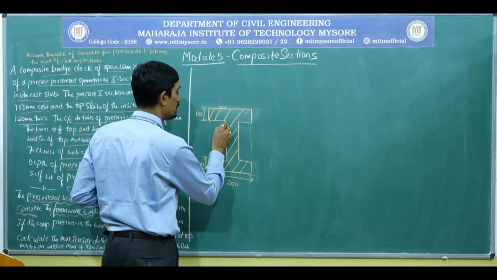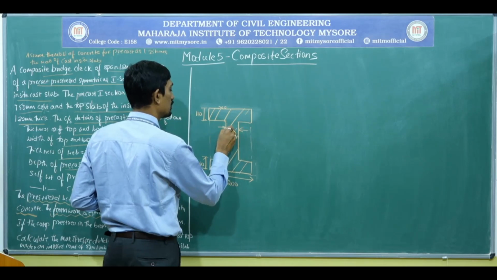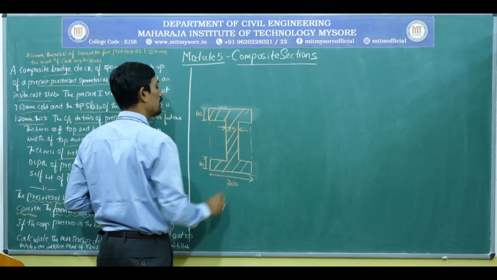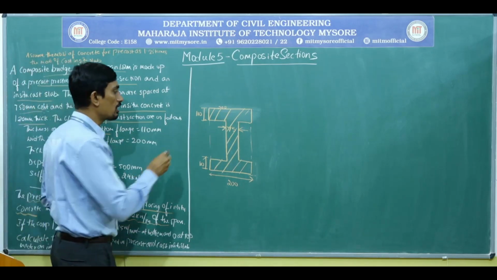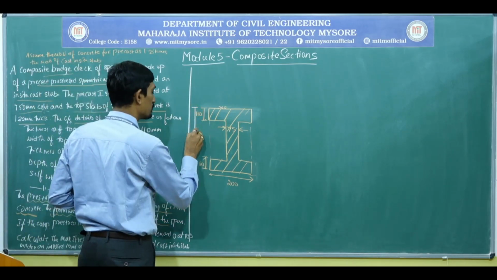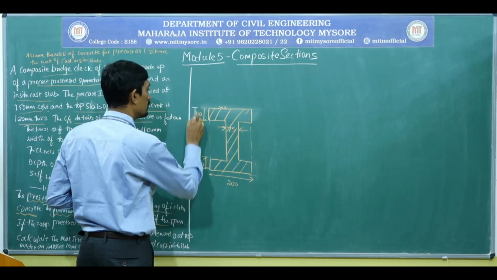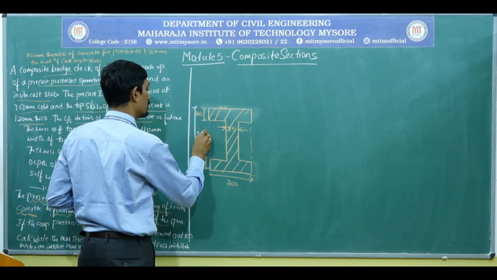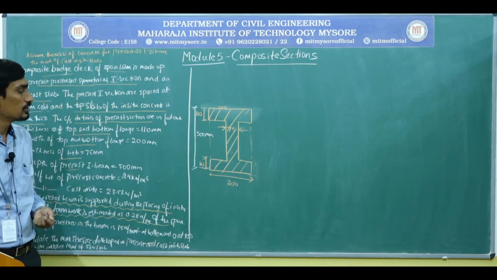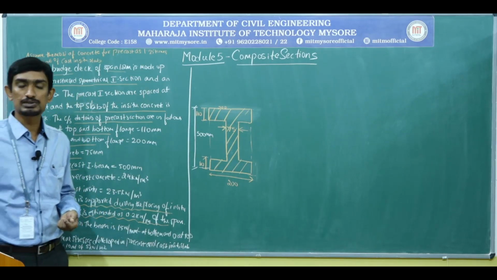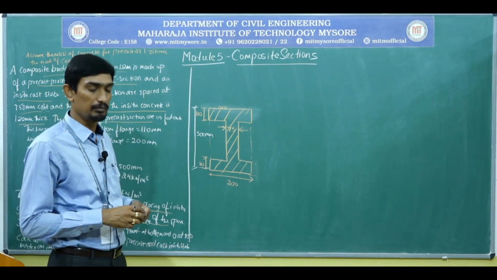Now this depth is 75, and he has also given the overall depth, which is 500 millimeter. Fine. So this is the precast pre-stressed I section dimension.